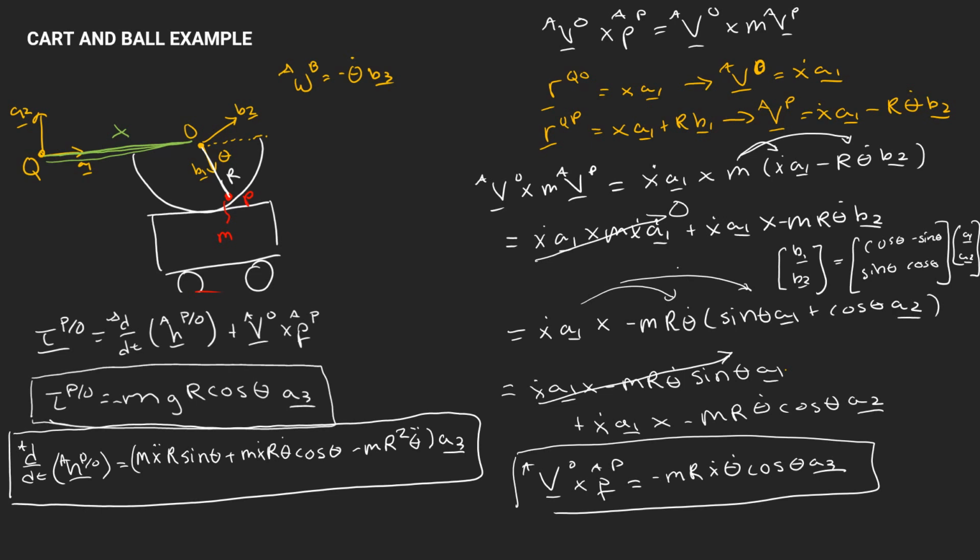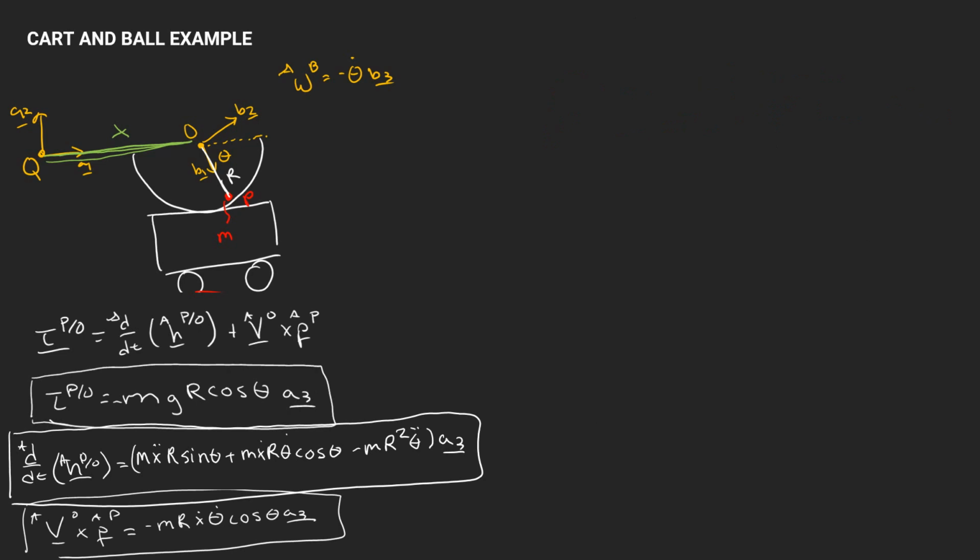So now we just have to plug everything in. Now that I've cleared out some space, our torque is equal to negative m g r cosine theta a3, and that's equal to our derivative of angular momentum.